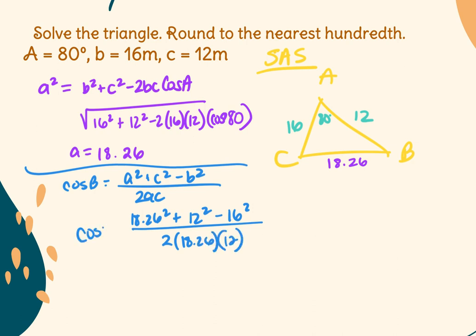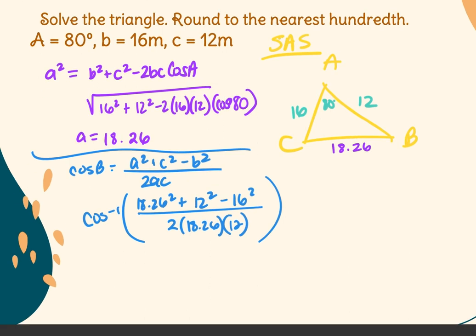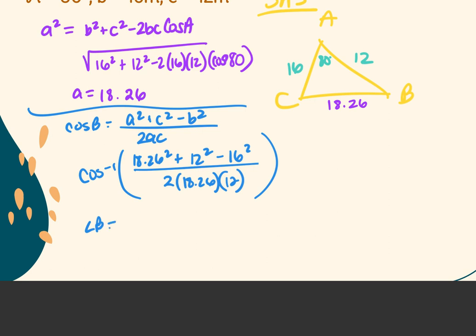And I'm going to cosine -1 that whole thing. So I get angle B is 59.65 degrees.